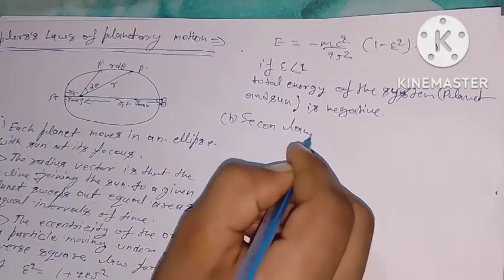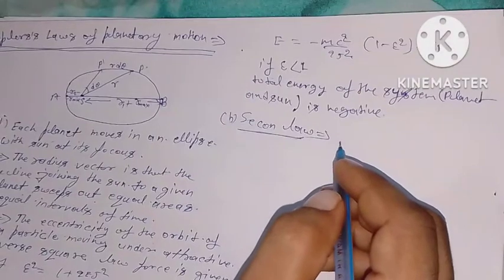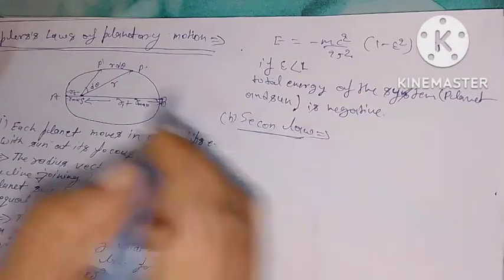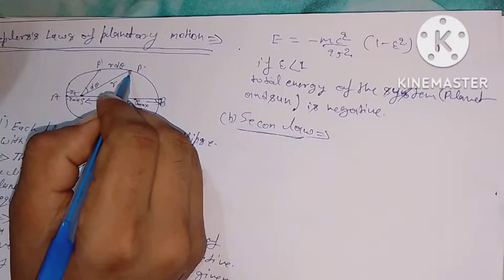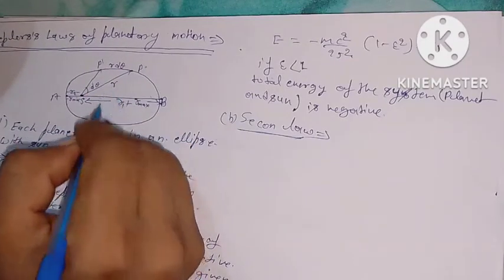Second law. Suppose a planet P is moving in an elliptic orbit as shown in this figure.